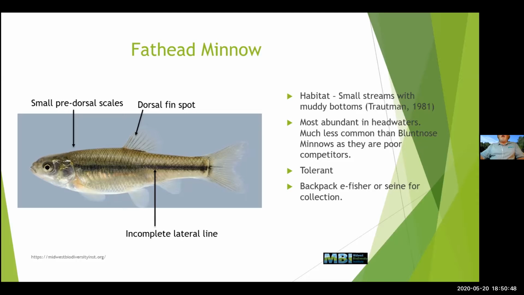So if they have a lot of other species around, they won't do very well. Generally you see a lot of these guys in really degraded systems. Another way to differentiate them from bluntnose is they have that incomplete lateral line. And because they like these smaller streams, use a backpack electrofisher and a seine for collection.